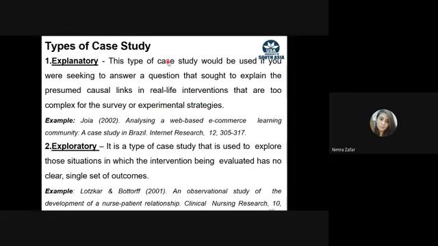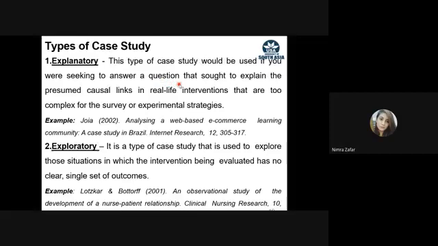So, as the name explanatory suggests, it is an explanation to something. So, when we are seeking to answer a particular type of question, we do a case study. We find the answer to a particular question through that case study, and then we provide explanation of any assumption which we have made before doing the case study.